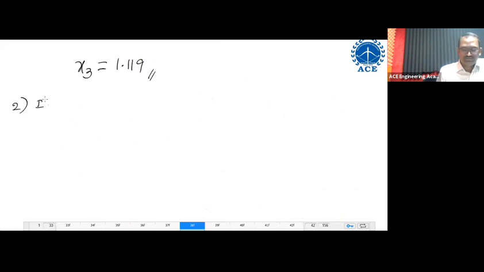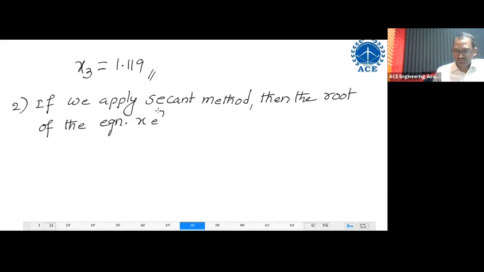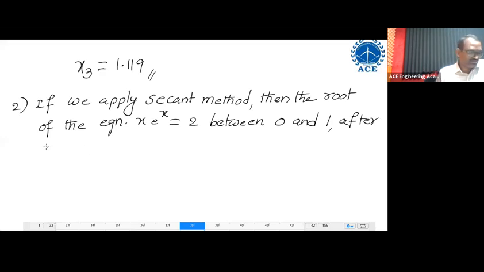Next. If we apply the secant method, then the root of the equation x e power x equals 2 between 0 and 1, after two iterations is.